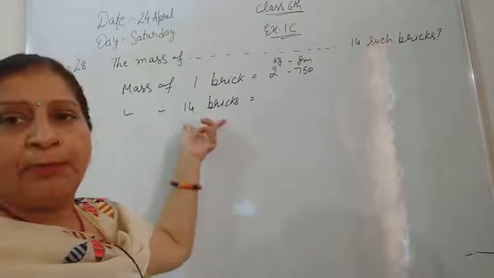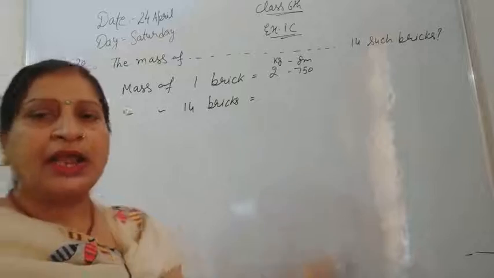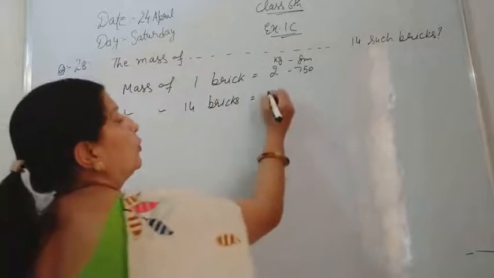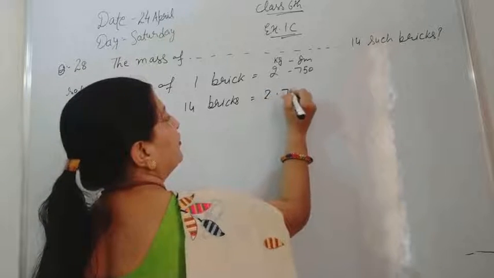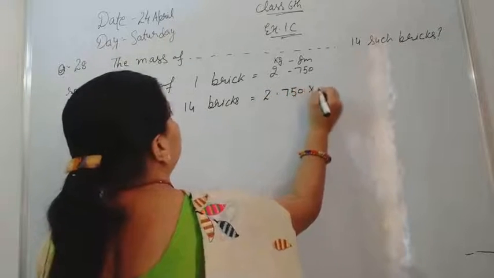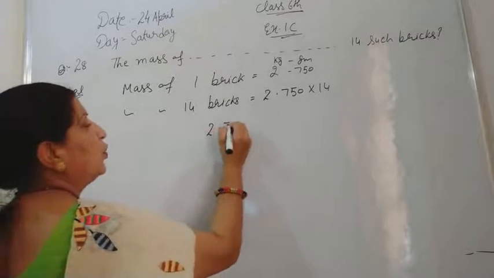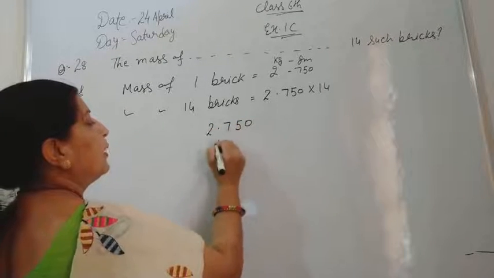Now the number of bricks are more, and in more we have to do the multiplication, so we do 2.750 multiplied by 14. Now let us start the multiplication.